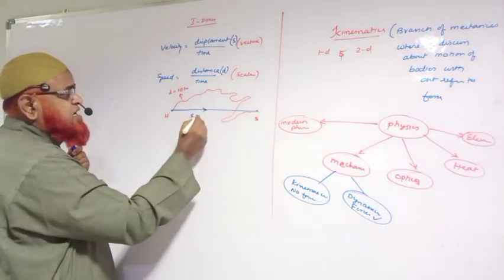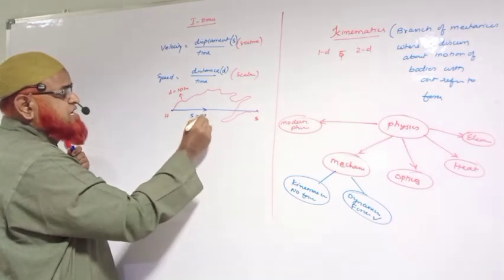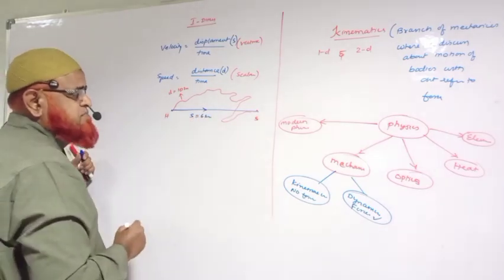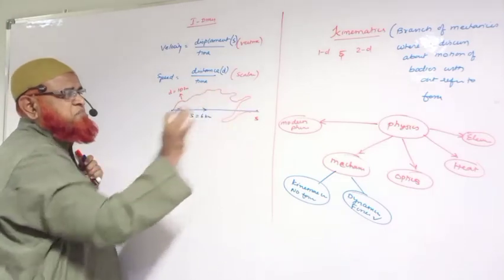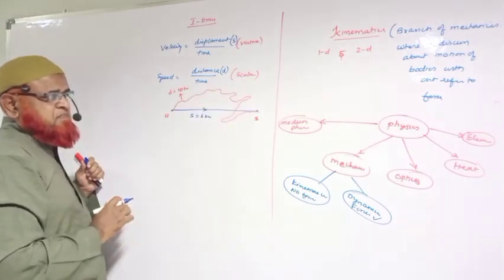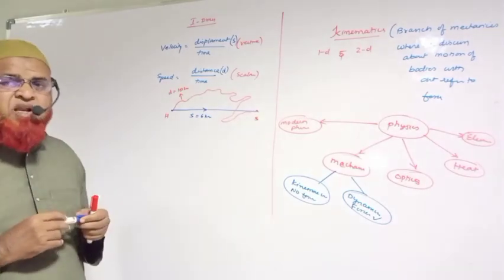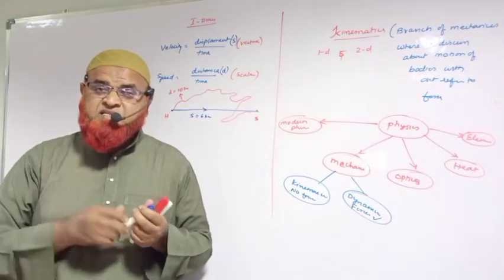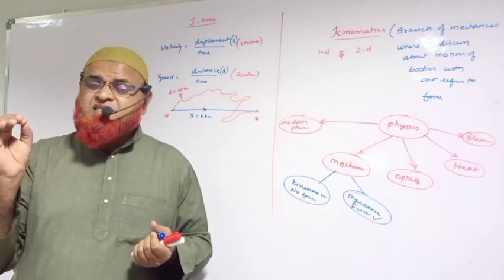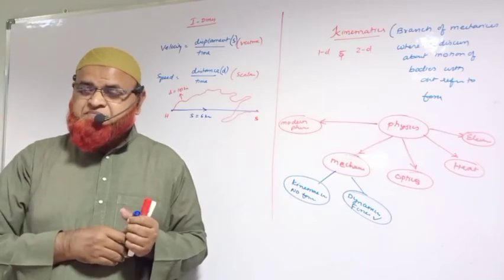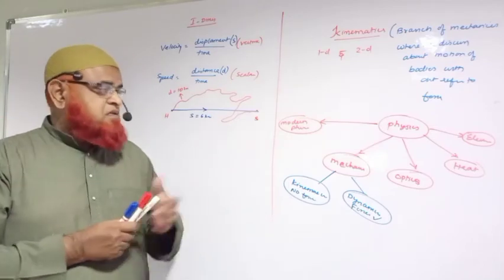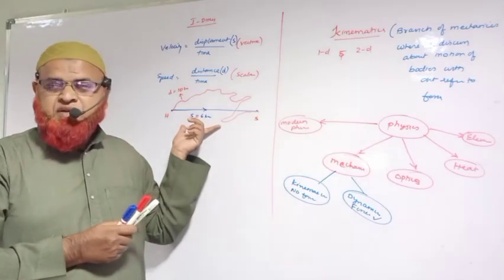Displacement is only 6 kilometers, because this is a long path. The straight line distance is also called displacement. The shortest definition of displacement is that the shortest distance is called displacement.